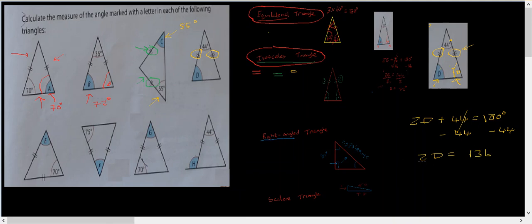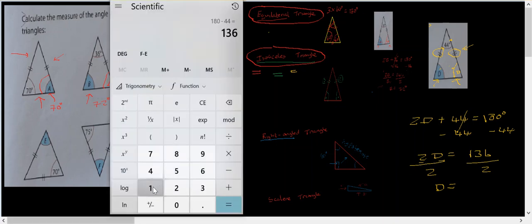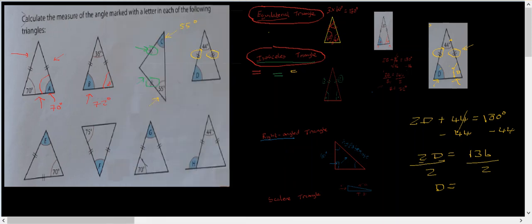So this is 2 multiplied by D, so we have to divide this by 2. If we divide this side by 2, we have to divide this side by 2. So D then is going to be equal to 136 divided by 2, which is equal to 68 degrees.